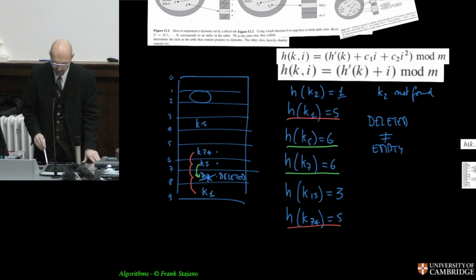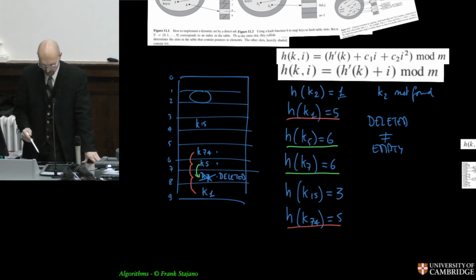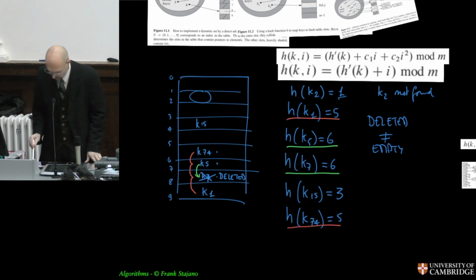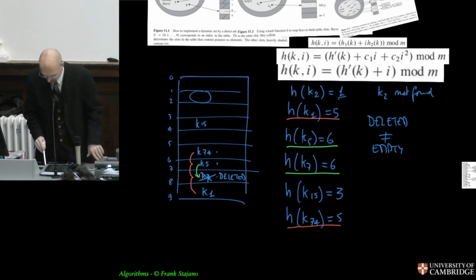So it's going to be the same sequence for both of them. So these things will keep colliding on all the places that they probe. If they hash to the same slot originally, then their two sequences are the same. And so I cannot avoid collision there. To fix that problem, there is yet another strategy, which is called double hashing.